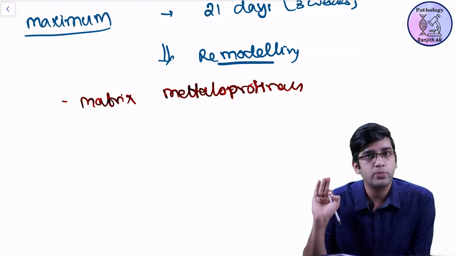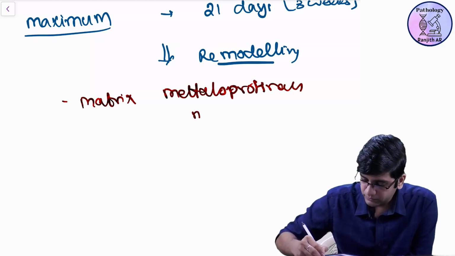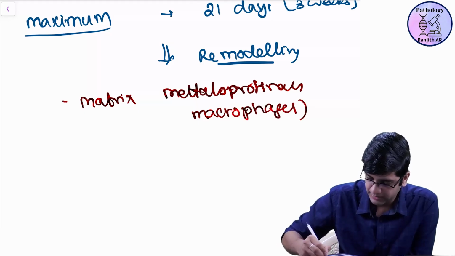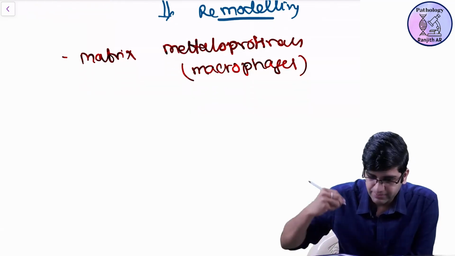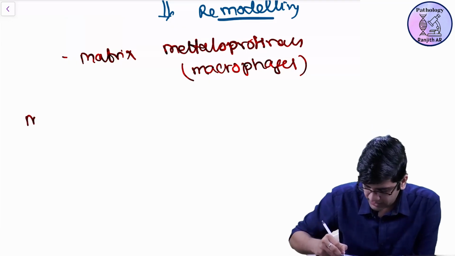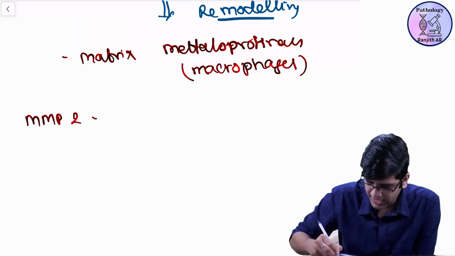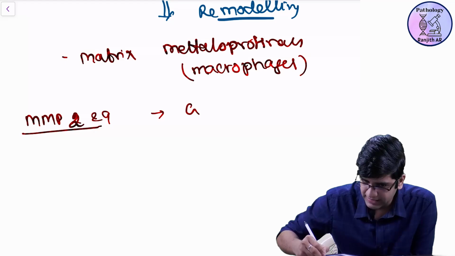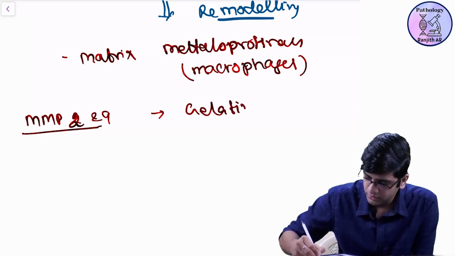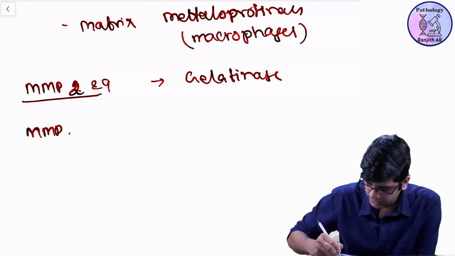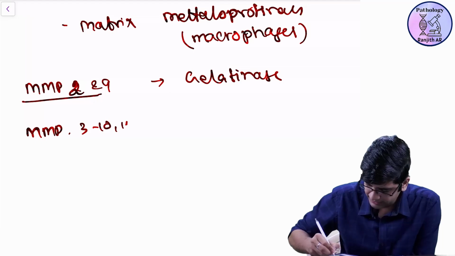These are also being secreted by macrophages only. I would want all these things to be applied when you come to the neoplasia chapter. These macrophages will release matrix metalloproteinases and a few other collagenases as well. MMPs, we have MMP 2 and 9. MMP 2 and 9 are gelatinases, which degrade gelatin, and we have MMP 3, 10 and 11.